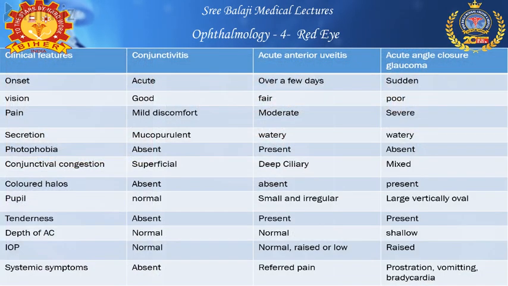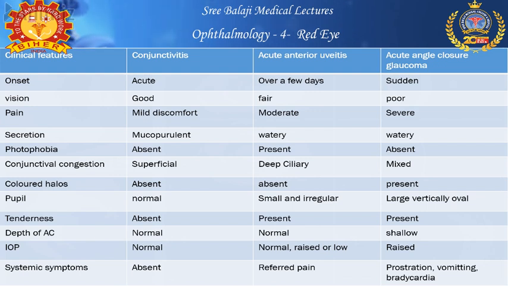So to put it in a nutshell, how do you differentiate between these three conditions? Conjunctivitis, acute anterior uveitis and acute angle closure glaucoma. In case of acute conjunctivitis, the onset is acute. Acute iridocyclitis, the onset is over a few days. Acute angle closure glaucoma, the onset is sudden. Next, the important thing is checking the visual acuity of the patient.